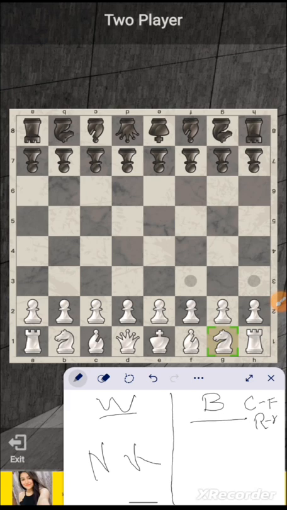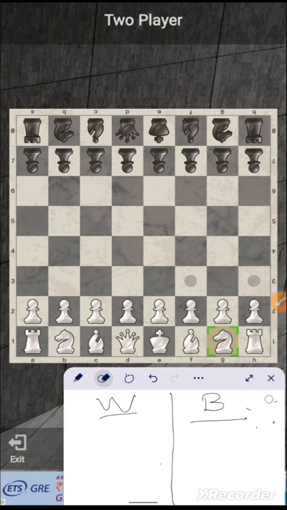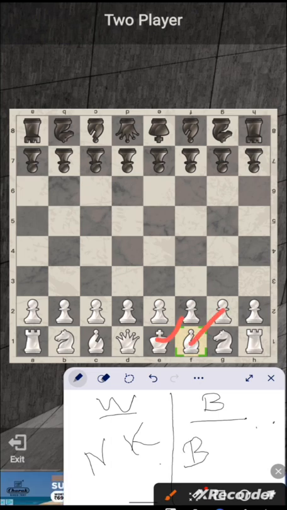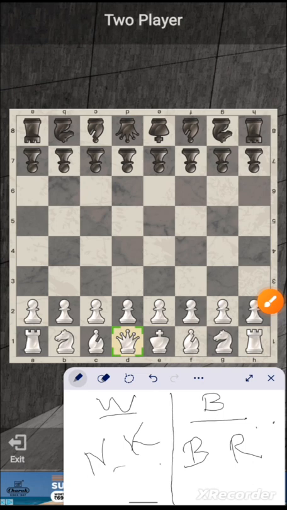For king we have capital K. So let us see the notations for each and every piece. We start with knight: N. For king we have K. For bishop we have B. For rook we have R. And for queen we have Q. These are the notations of each of the pieces.